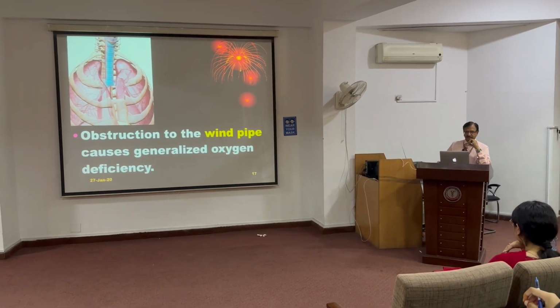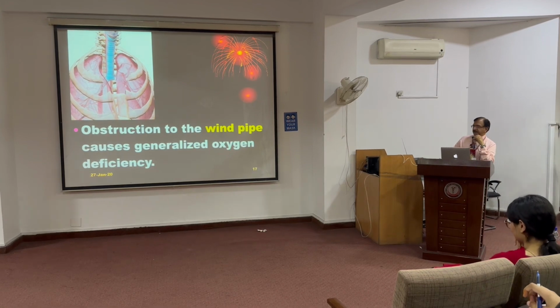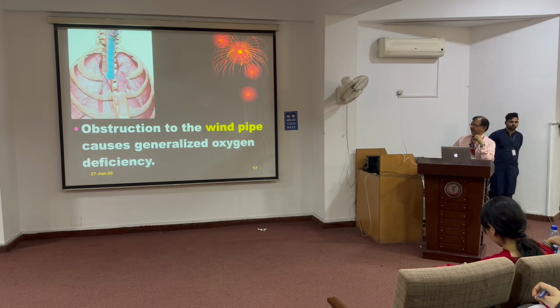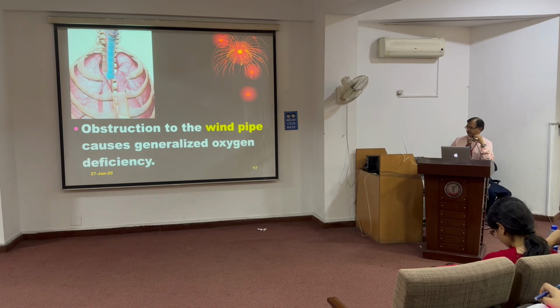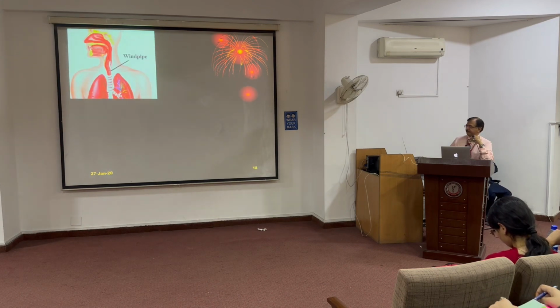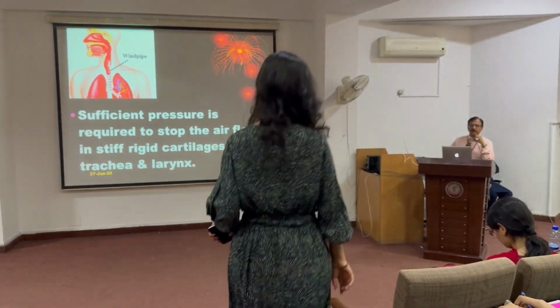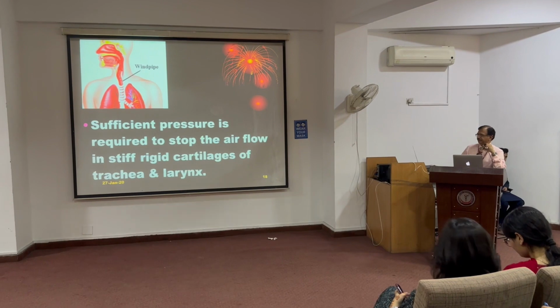The windpipe is a rigid, cartilaginous structure, and it can be compressed with force, and it will interfere with the transfer of air to the lungs, causing hypoxia or anoxia. And as they are hard and rigid, enormous pressure will be required to occlude them.